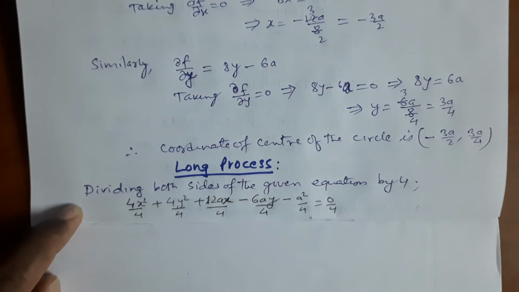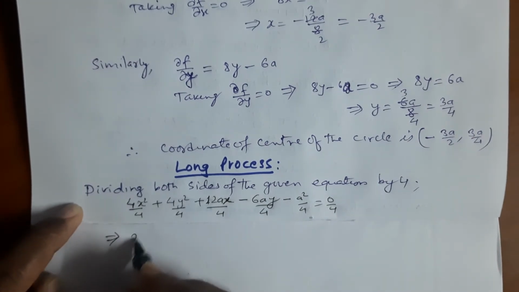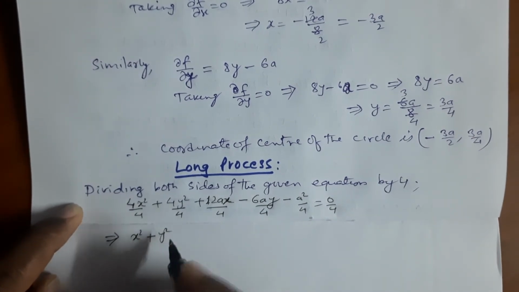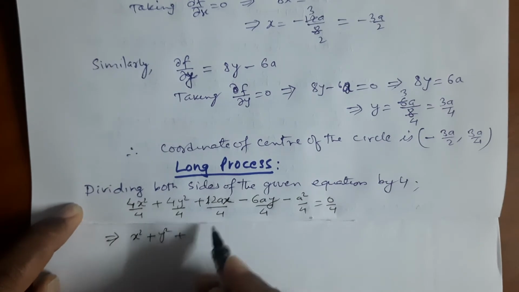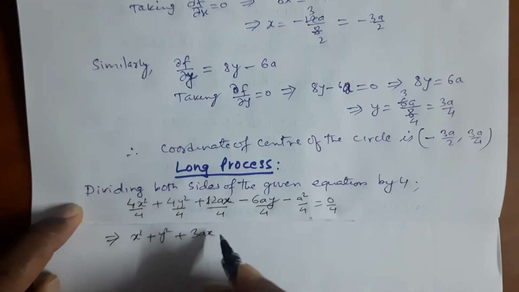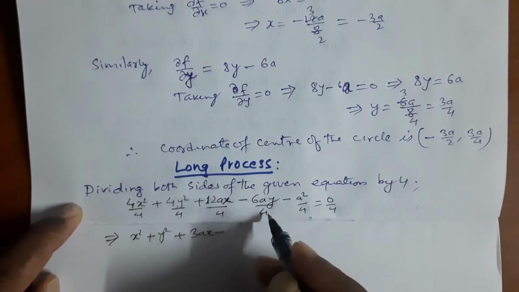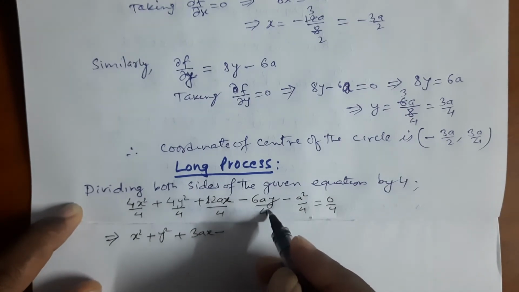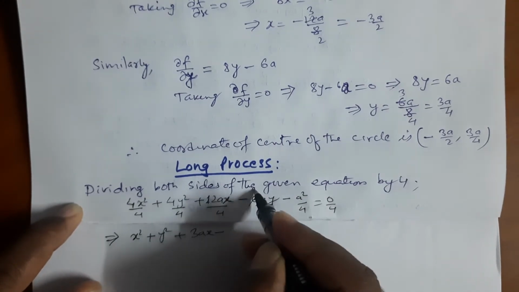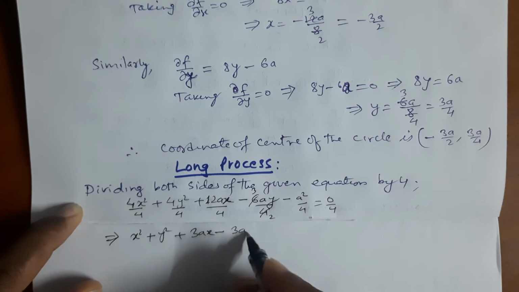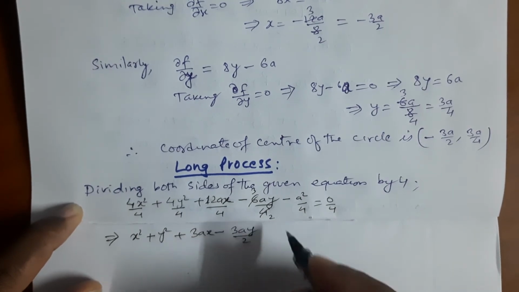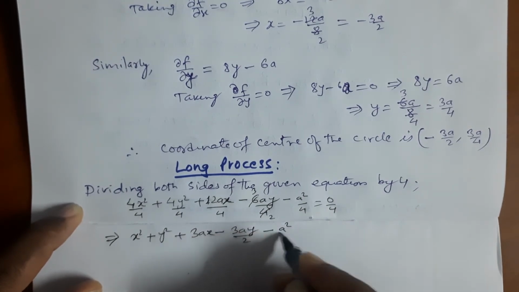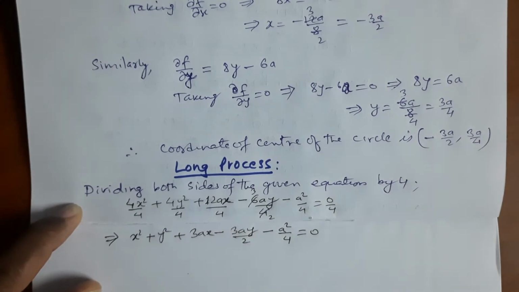Okay, and now this becomes x square plus y square plus 3ax minus, 2 2s are 4, 2 3s are 6, so it will be 3ay over 2, minus a square over 4 equals to 0.